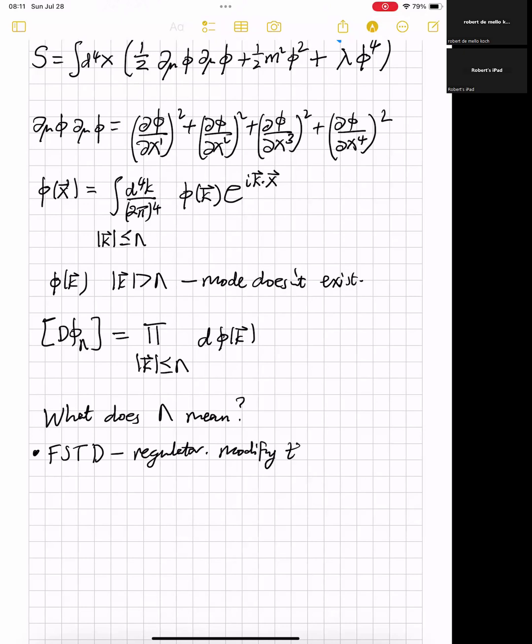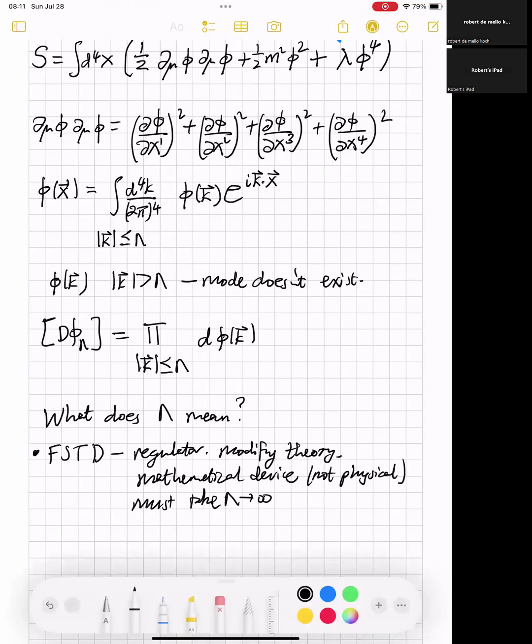They would say that, in fact, it is a mathematical device that's just used to make certain infinities well defined. They would tell you, you must take Λ to infinity to get back to your original theory, and that because it's a mathematical device, they would also claim, well, this is not physical. It's just some mathematics that we're doing to define the theory.